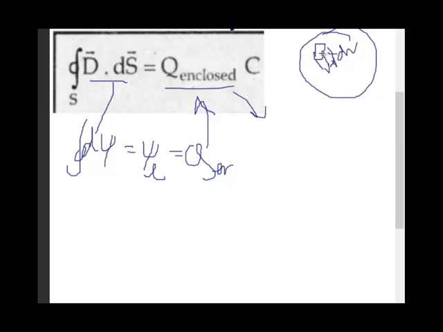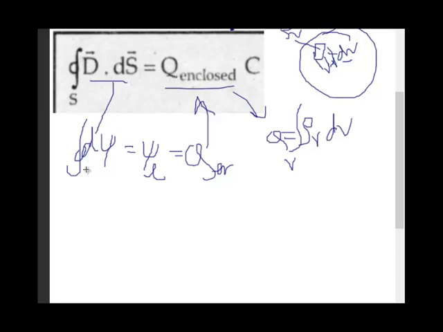Then the charge present within the differential volume is rho v, the volume charge density. If I integrate rho v over the complete volume with respect to dV, I can get Q.